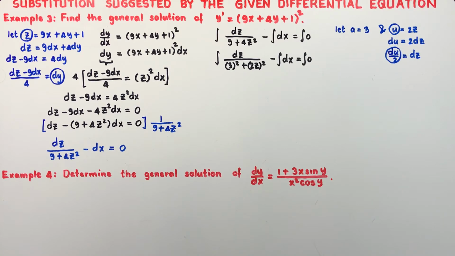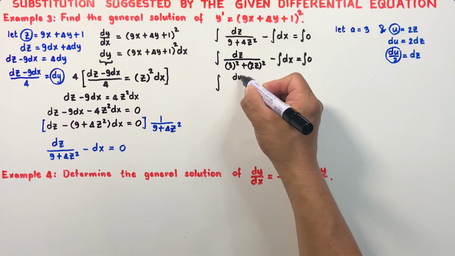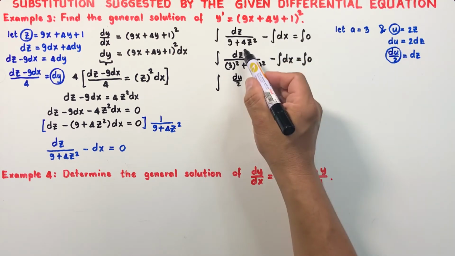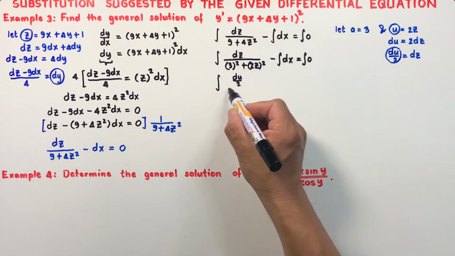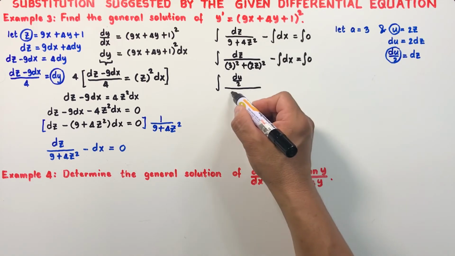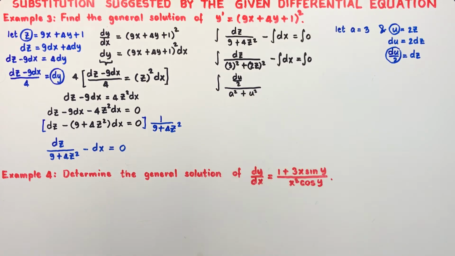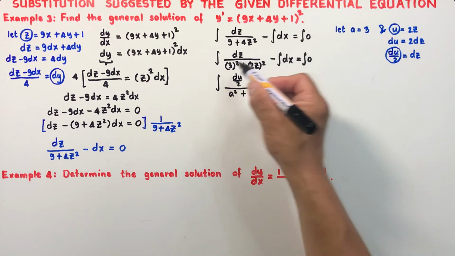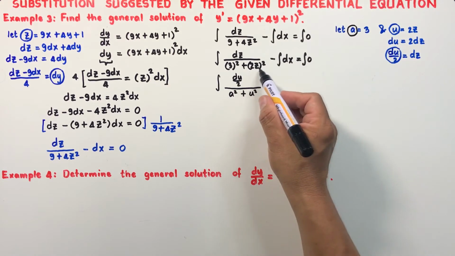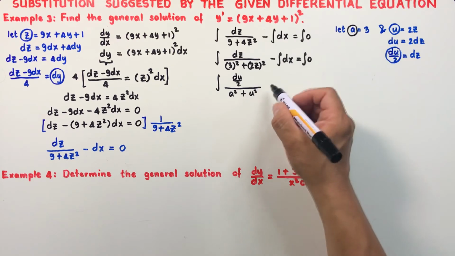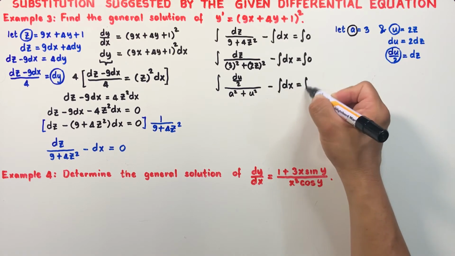So substituting to the integrand, we have du over 2. So instead of writing dz, I will write du over 2, and this is divided by a squared plus u squared, because instead of writing 3, I will write a here, and instead of writing 2z, I will write u, because that is our representation there.